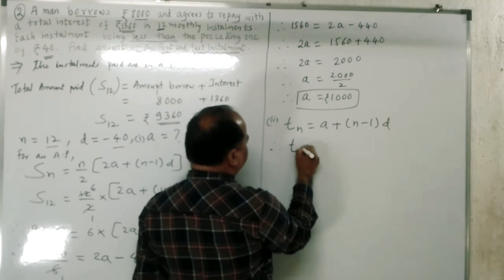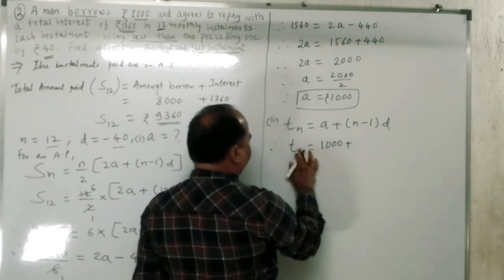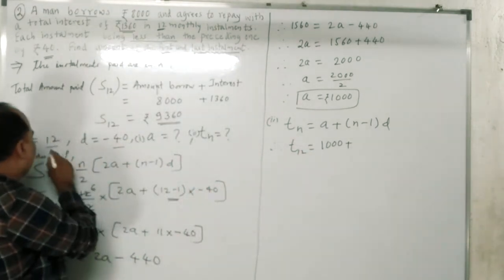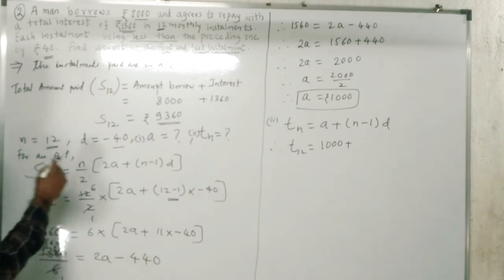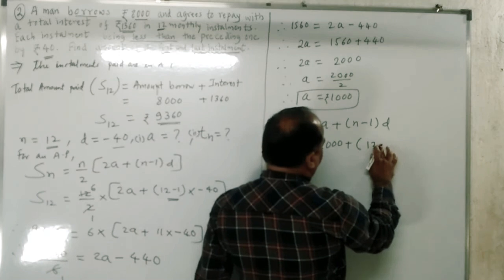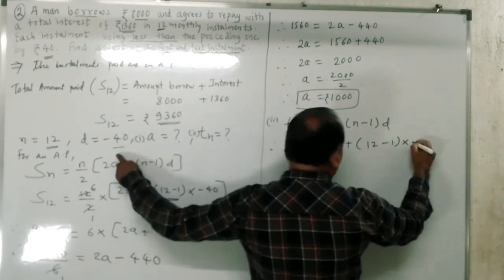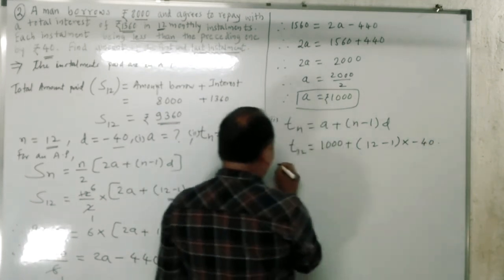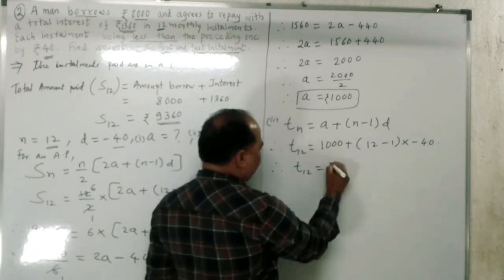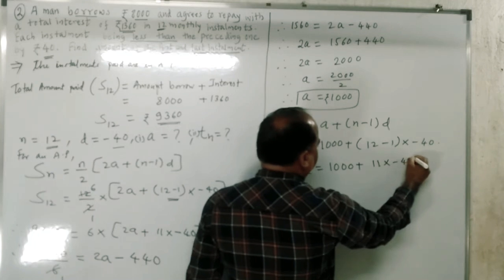Therefore Tn is equal to A is 1000 plus n, n is 12 installments, so take 12 minus 1 into D, which is minus 40.